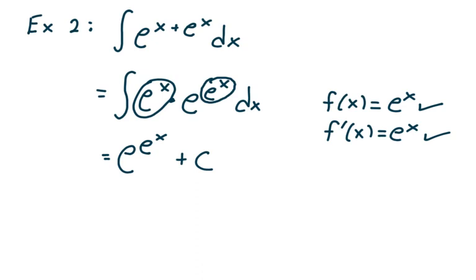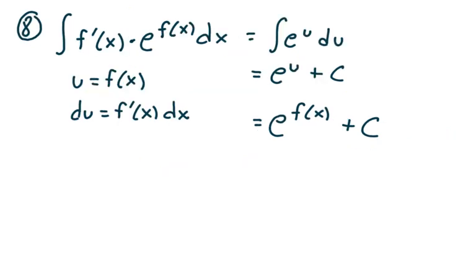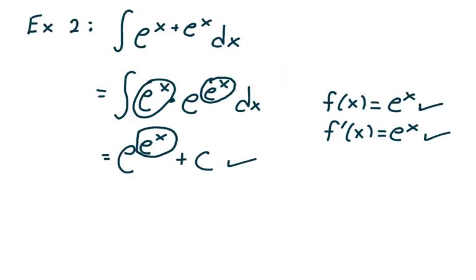And so the integral of this will be e raised to the e to the x plus c. Remember, my function is this e to the x piece. And it fits nicely into number 8. Okay.